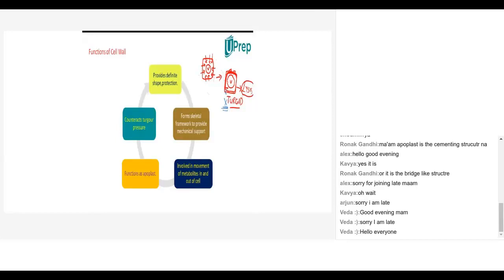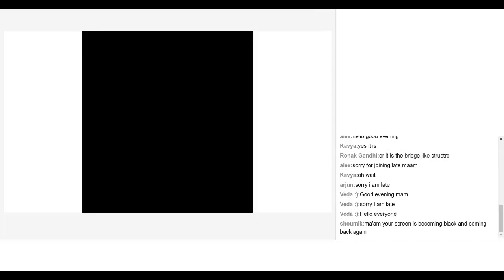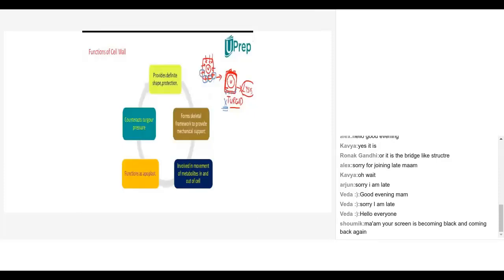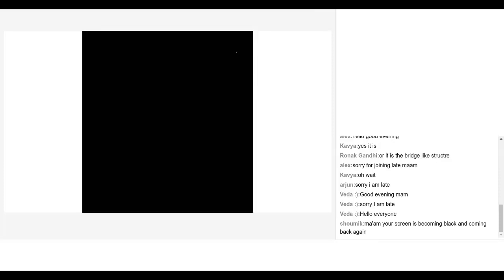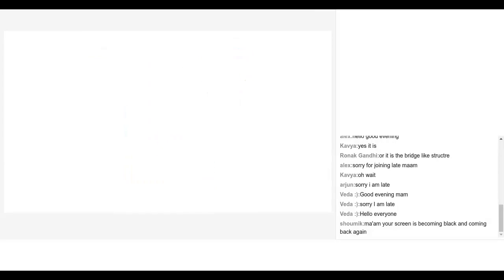You got the point? The plasma membrane applies some pressure on the cell wall in order to balance the incoming pressure. So turgor pressure is nothing but the pressure applied by the plasma membrane on the cell wall, because of which the cell remains intact without disruption or lysis when environmental factors change.